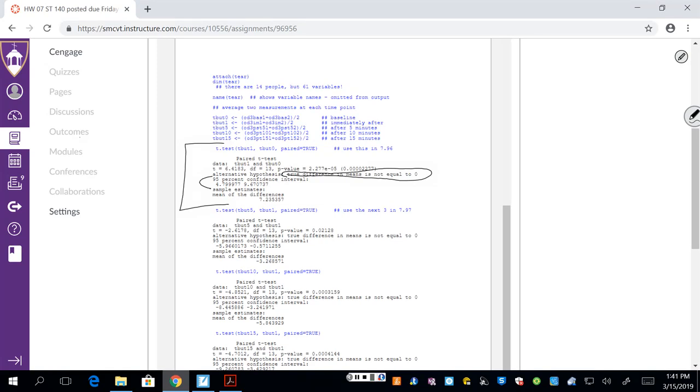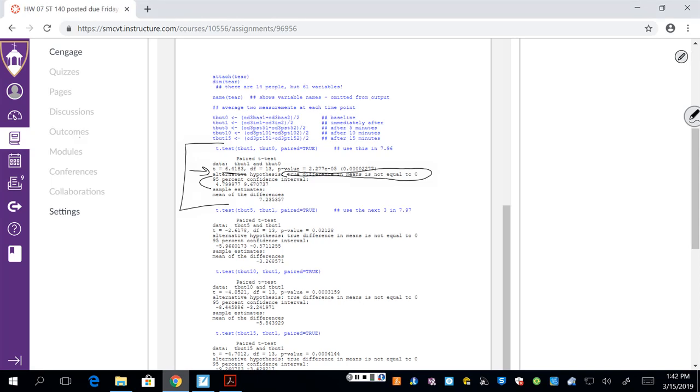The t statistic that comes out of this, 6.4, is a fairly big t statistic. Usually we compare that to about 2. If it's bigger than 2, it's usually significant. With smaller degrees of freedom, you might need to be a little bit bigger than that, but 6 is just way out there. The confidence interval is not close to 0, and the p-value is very, very small.